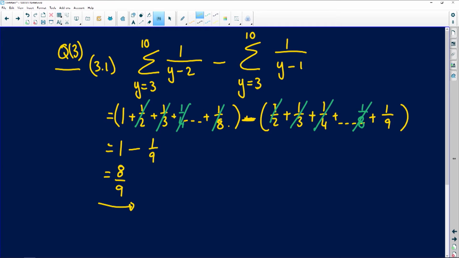Quite a nice question. It looks intimidating if you look at all the sigma symbols right at the beginning, but in case you didn't find this intimidating, you can see how it opens itself up here, folks, and the one subtracts with the other.